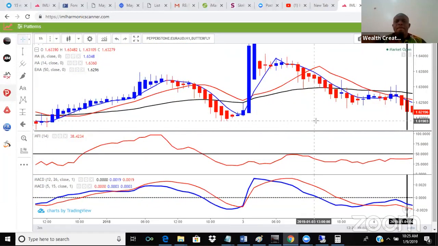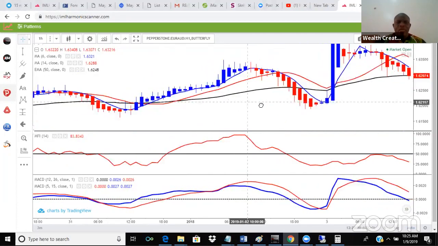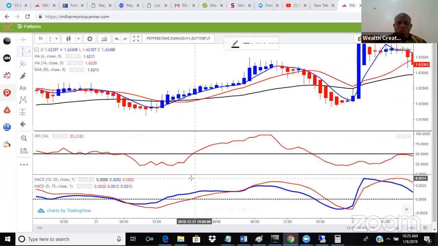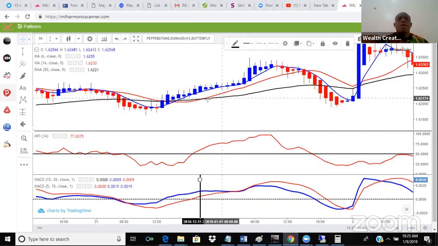So let's go to a buy scenario now that we understand a sell scenario. Here, my MACD is already above. So I'm already watching for a buy. The blue crosses above the red and also above the black.